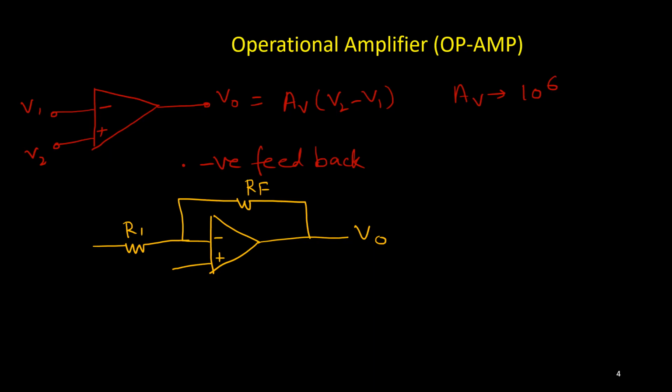We can put the voltage either here or here. Depending on the position of the input, we'll have different kinds of amplifiers, either inverting or non-inverting amplifiers. Those will be discussed in the next slides, right? The main aim here is that you have to use negative feedback if you want to use op amp as a practical amplifier.